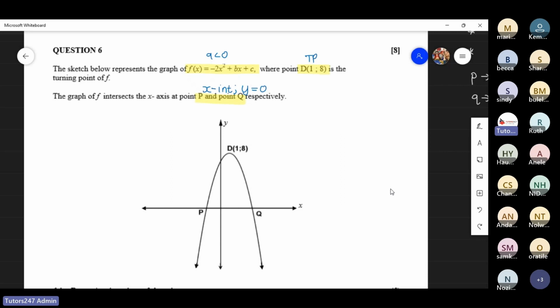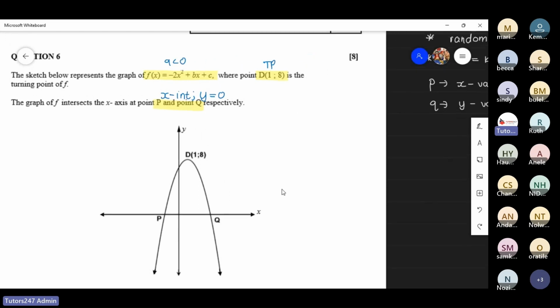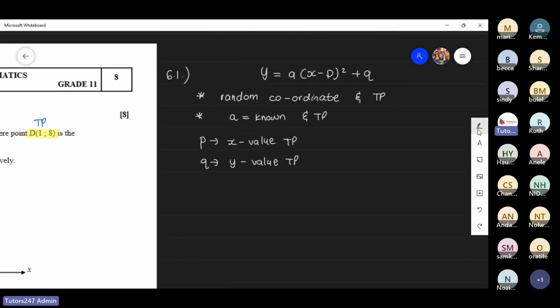Keep in mind that the value of A represents the coefficient of x squared. So we now have A. A is known. So we are going to use option 2 if we were to use this particular method. We would not be able to use option 1. Now, let us explore an alternative method.